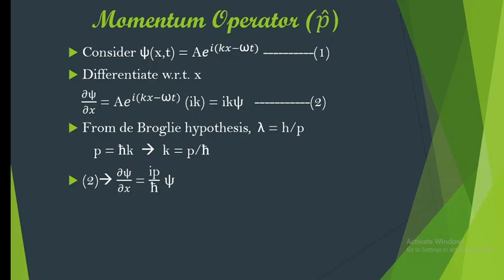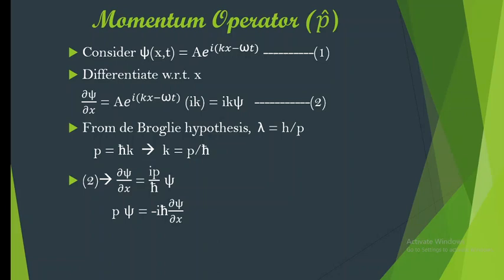Then rearranging, we want a momentum operator, so I will bring p on the LHS. So p into xi will be equal to h cross divided by i into dou xi by dou x. And we know 1 by i is nothing but minus i.